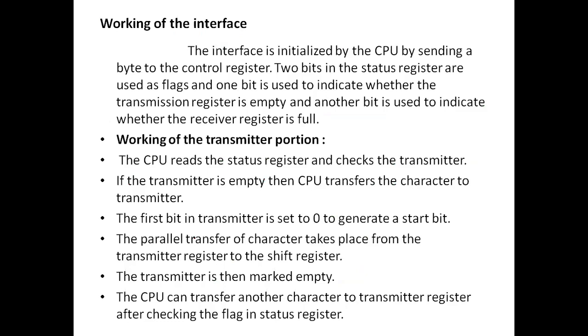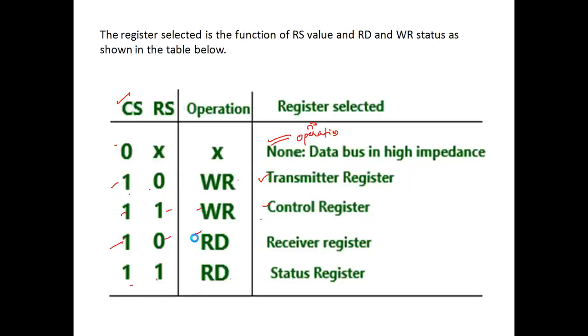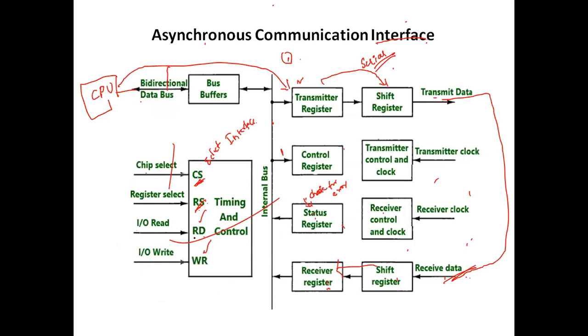Now the working of the interface, how the interface works. As I have said, this interface is initialized by the CPU by sending a bit to the control register. The 2 bits in the status register are used as flags.